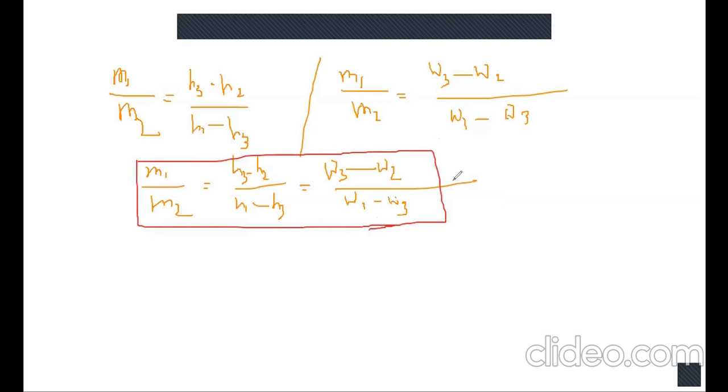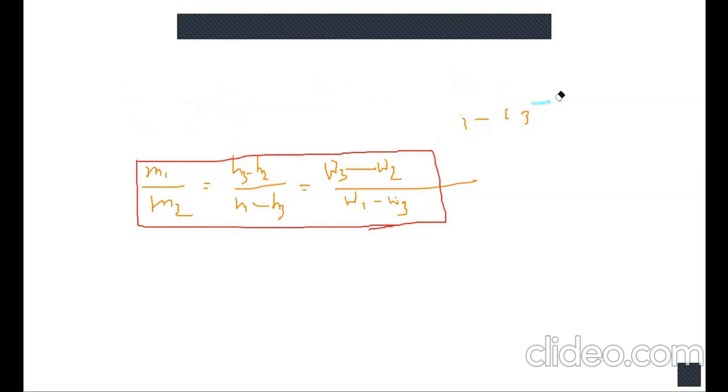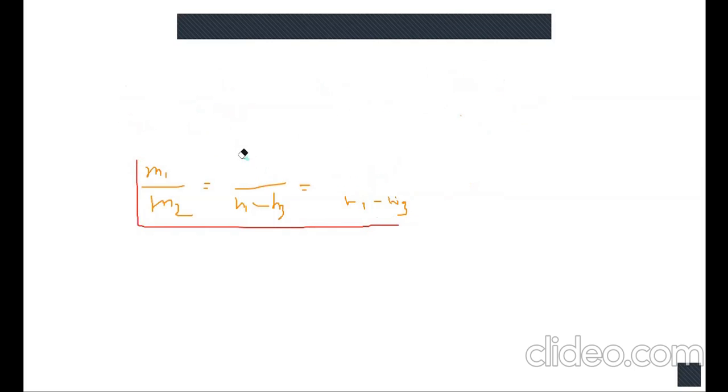Now in psychrometric diagram, how do we draw this type of process? Let's start. First of all, we erase this. Now I am drawing one psychrometric diagram.